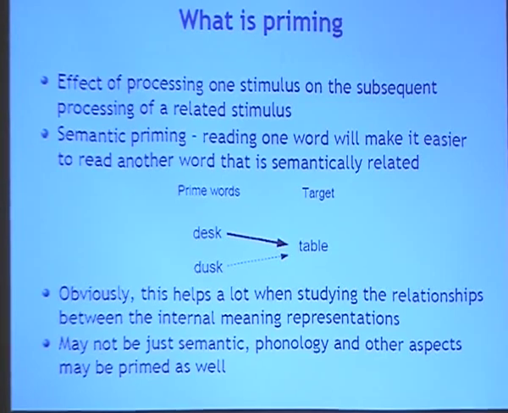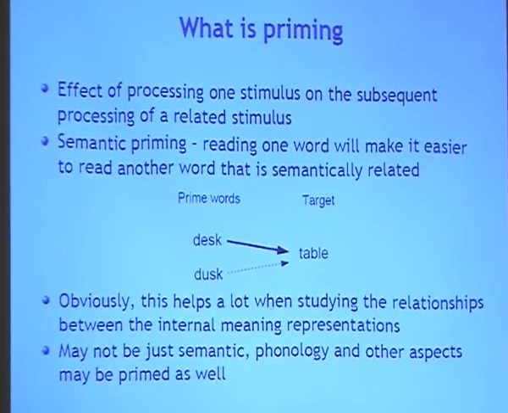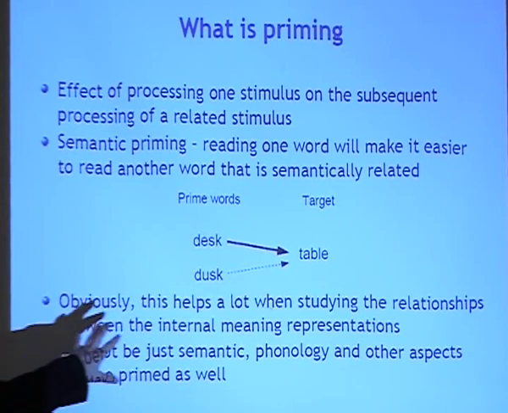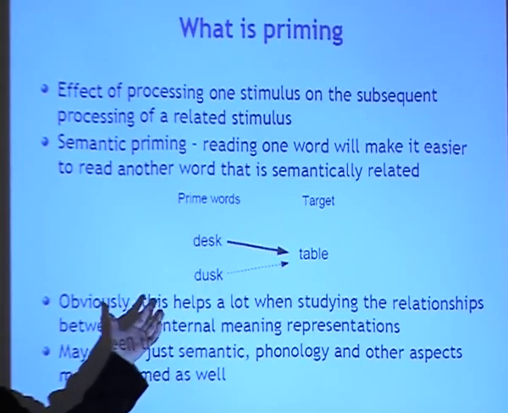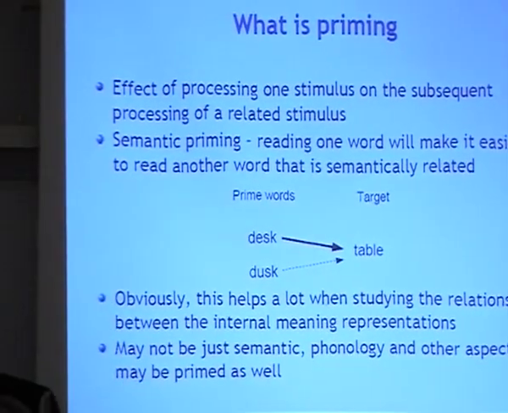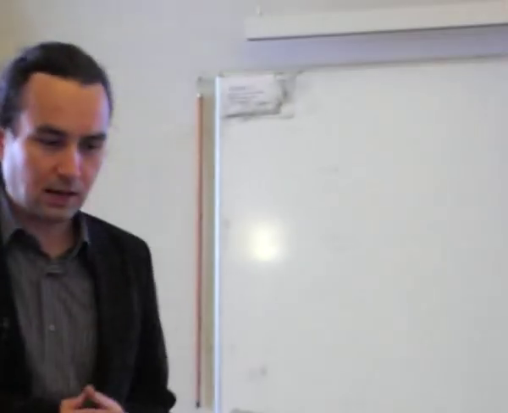So this type of priming has generated a lot of research into the structure of lexical and semantic representations. But I'm just using it to give you an idea of what it is when we talk about priming. All priming experiments include something that we call primes. Those are the stimuli that influence the processing of the target stimuli.